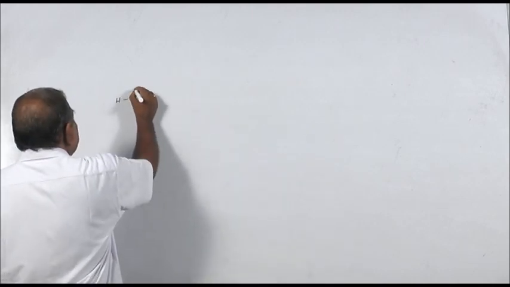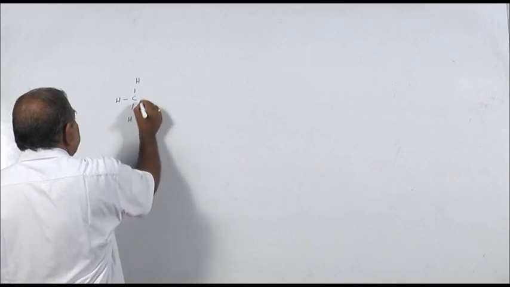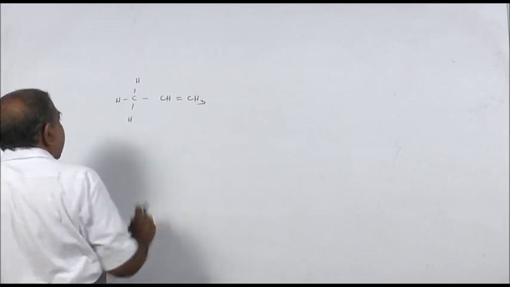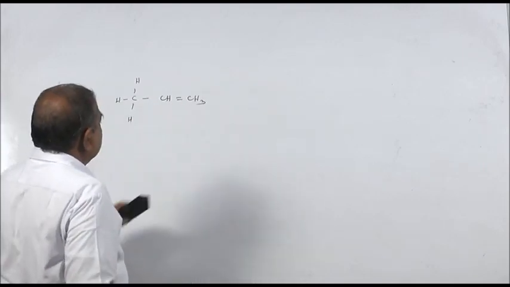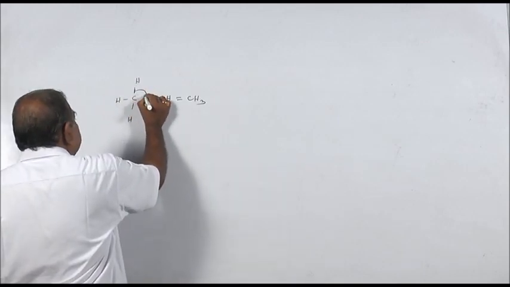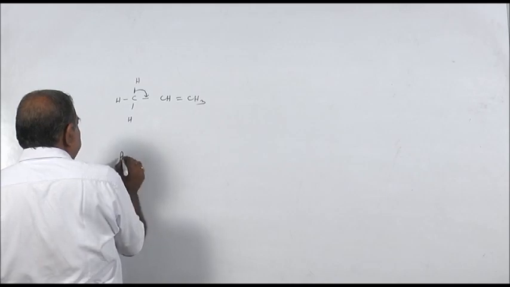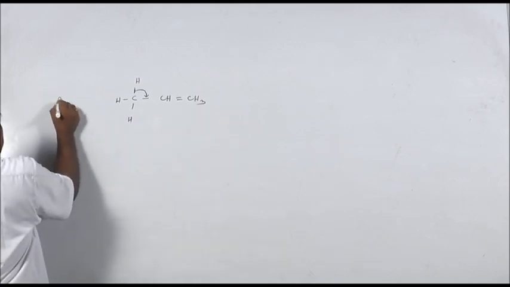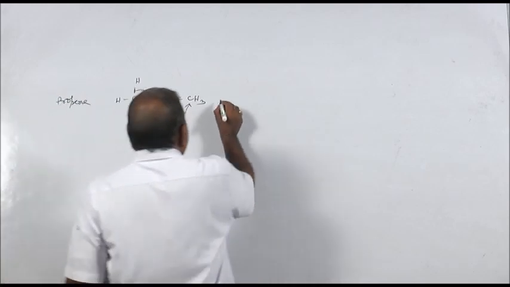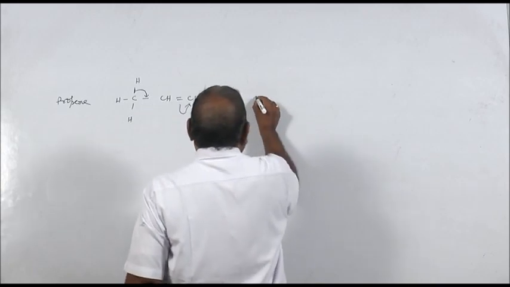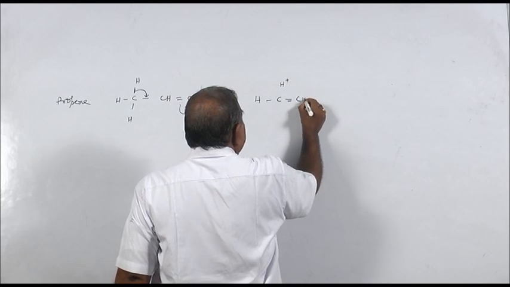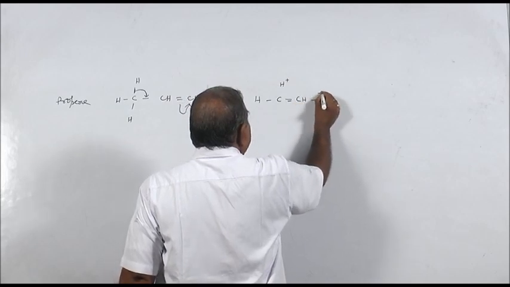Say for example, propene. So you can see there is carbon hydrogen single bond. This is unsaturated system. This sigma bond electron is shifted. This is your propene. So you can find H plus, CH, CH2 minus.